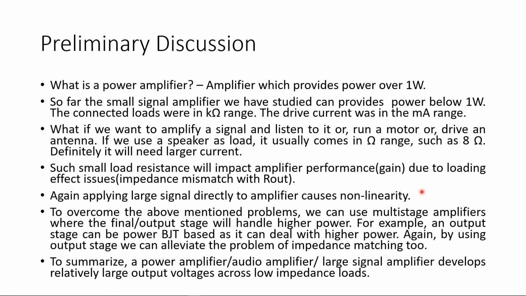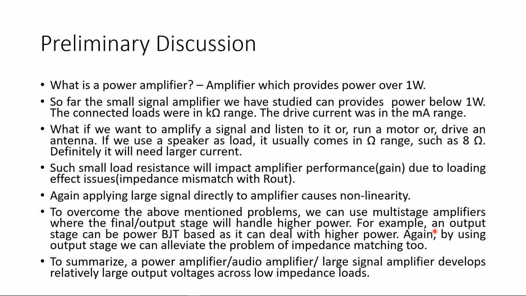Say, for example, in the first stage we may use a simple small signal voltage amplifier. In the second stage again we can use a small signal voltage amplifier. So multiple levels of small signal voltage amplifier. And in the last stage, that is the final or the drive stage, we will use a large signal amplifier, or audio amplifier, or a power amplifier that will provide a very high power.